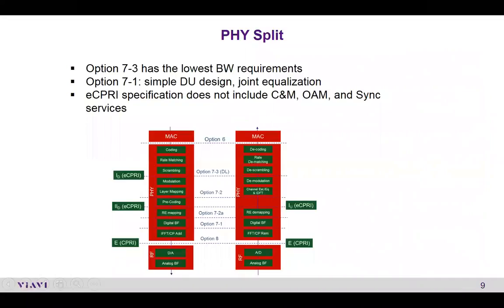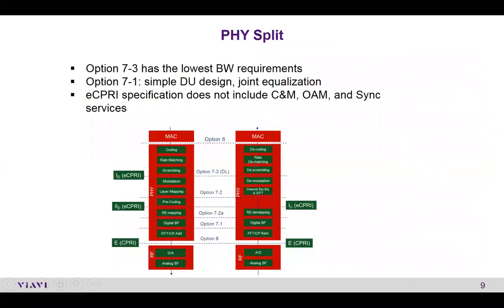The digital part happens here, and then a very intensive part of that is actually the FFT, or the inverse FFT with cyclic prefix removal. This stage alone is very intensive in terms of processing, and the bandwidth is necessary.